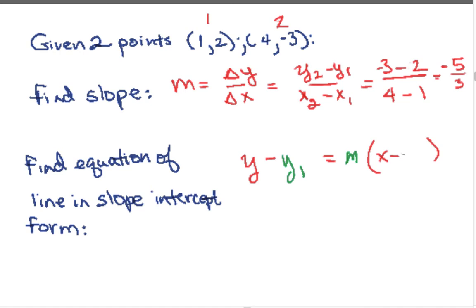So these are the things that are needed in order to use this equation. So we have y minus y1. It doesn't matter which point you use, you'll come up with the same answer. Negative 5/3 x minus 1. Okay.